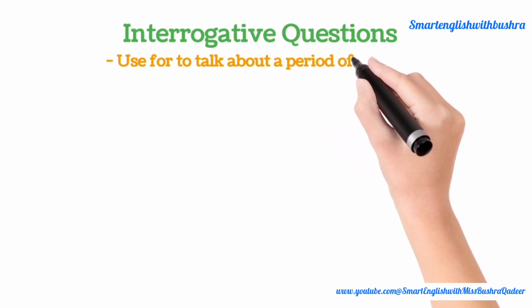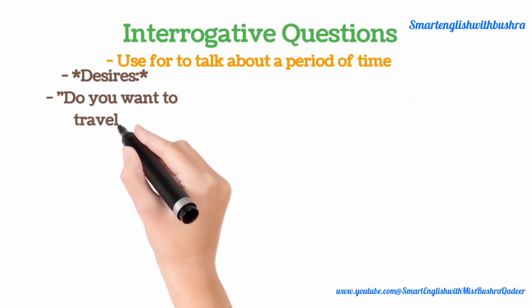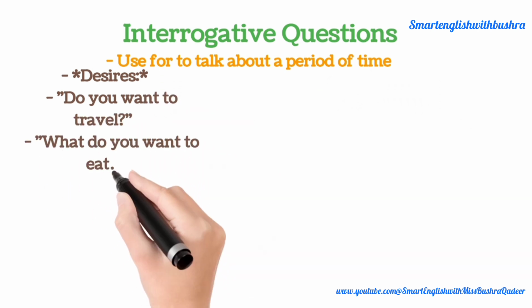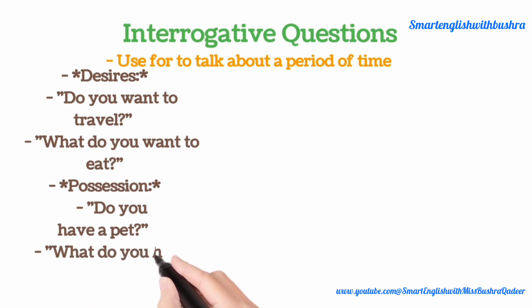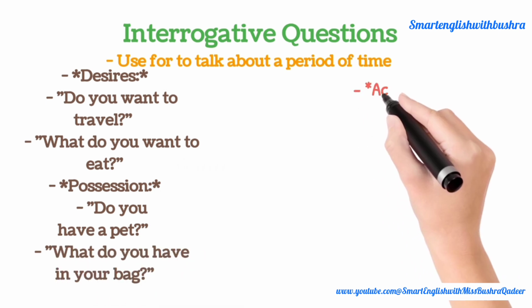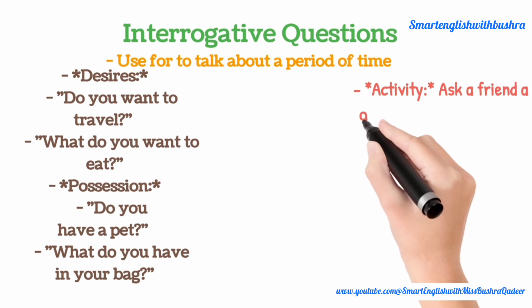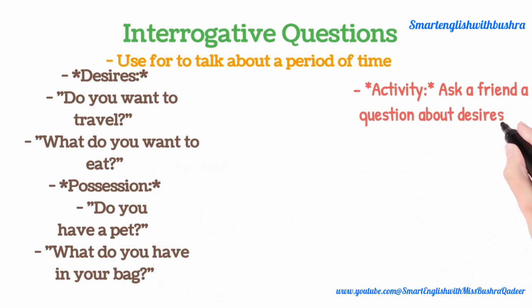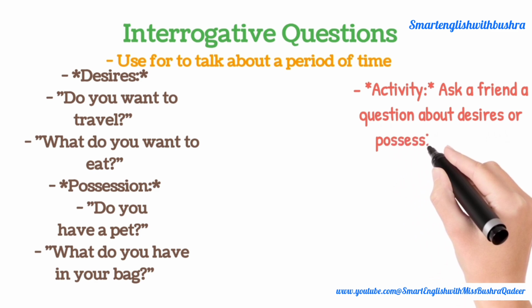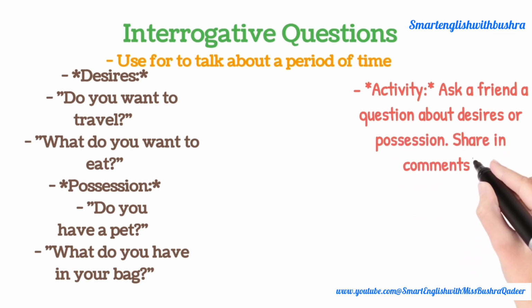Don't is the negative for I, you, we, they, and for he, she, it, and any singular noun you can use does not. That is doesn't. The contraction of does not is doesn't. Now we are going to jump into the interrogative questions. But before interrogative questions, I would suggest you make some negative answers for practice, because practice is the only solution that can lead you to a better result.